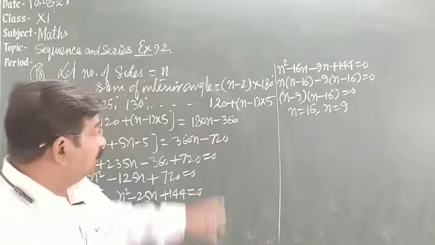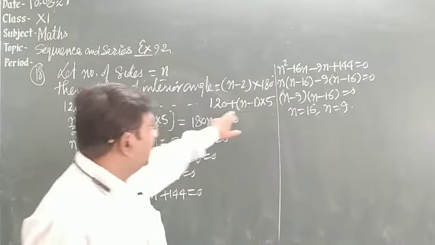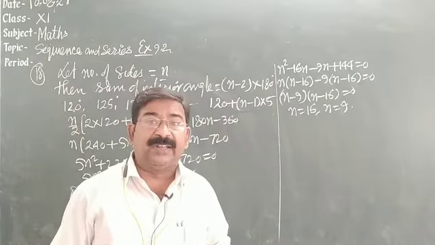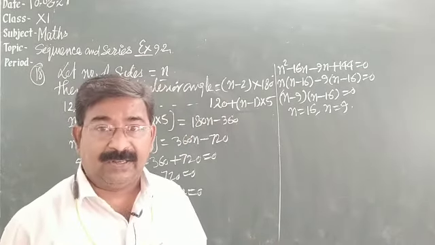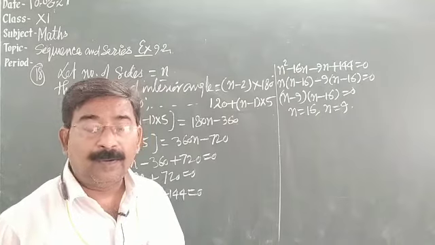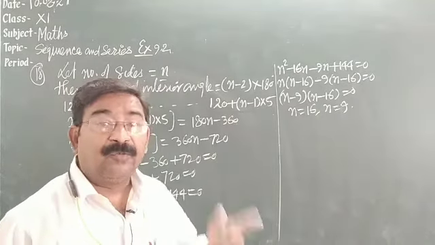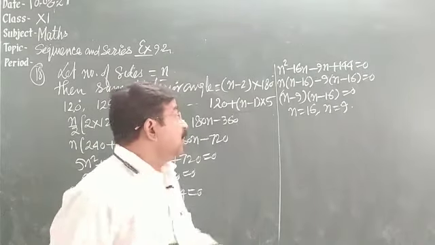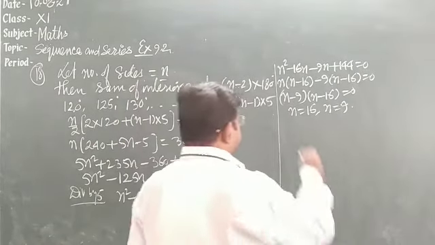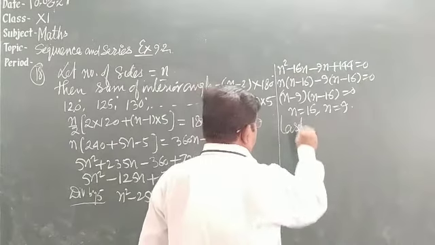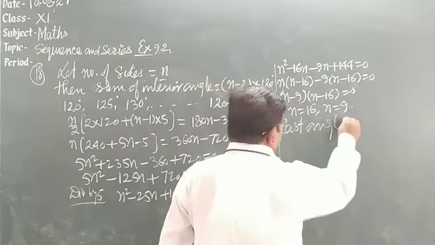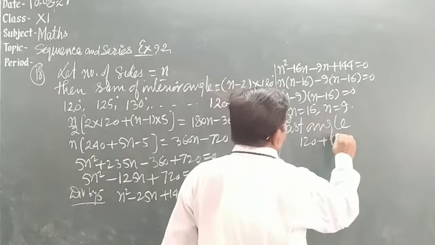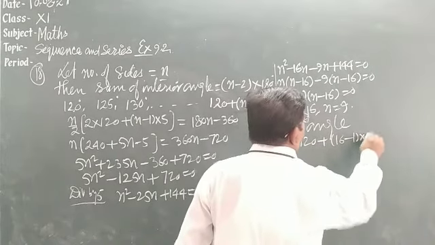So let's check. This is the last angle, and you know the fact that the interior angle of a polygon is never more than 180 degrees. So we have to check for what value of n it is less than 180 degrees. Writing the last angle: 120 plus (16 minus 1) into 5.